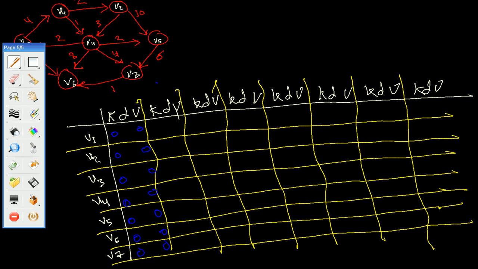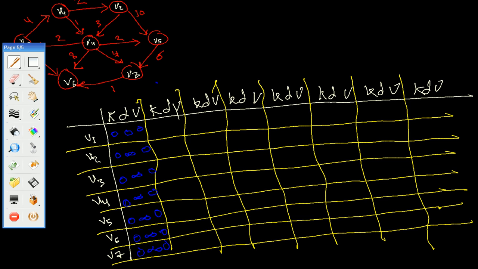And the distance: when we start at the initial point, the distance to v1 is 0, and the rest have to be infinity.